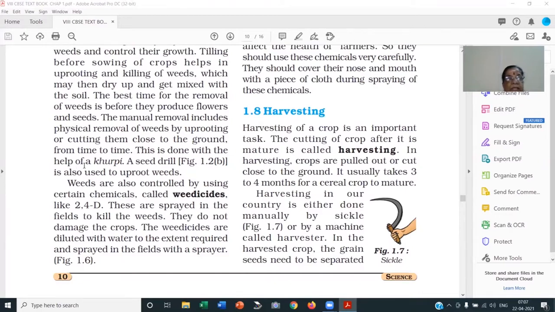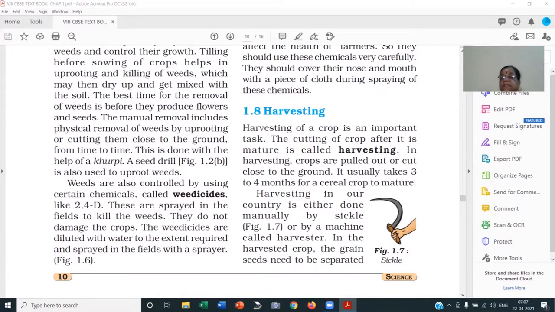This is done with the help of a khurpi, the hand trowel, or a seed drill is also used to uproot. I hope you understand.